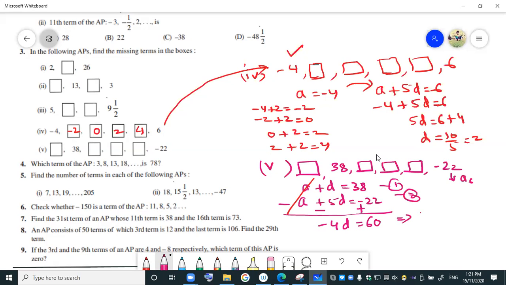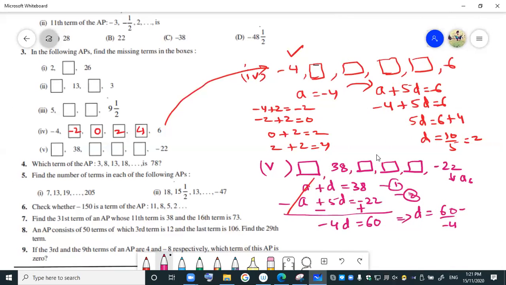And d will be equal to 60 divided by -4. 15 fours are 60. So we get -15. -15 is the common difference.